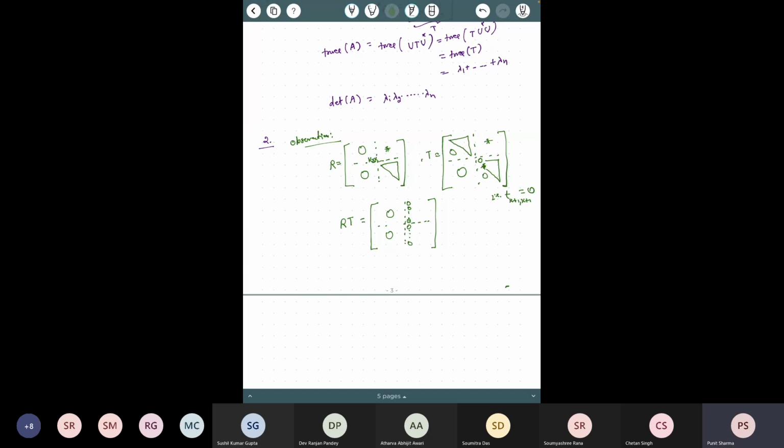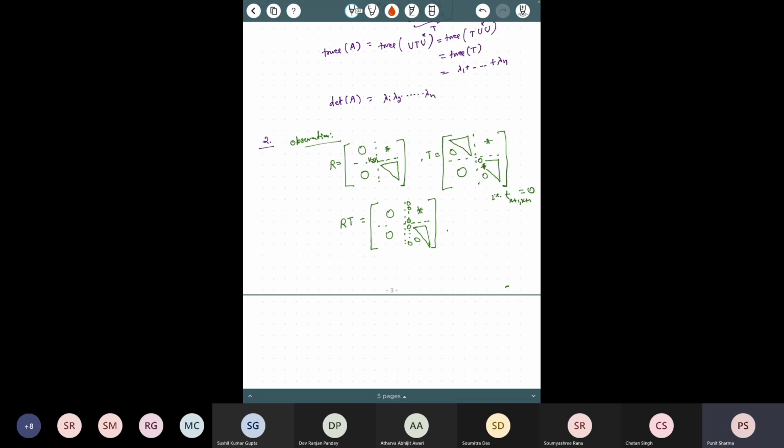Although we don't know what matrix it is, if it is 0 at this position, then we can ensure that if we multiply R and T, the multiplication will give us a 0 column at the k plus 1th position. For the other entries we don't know, so some entries are star, but this matrix again would be upper triangular. This observation is important for us in order to prove the Cayley-Hamilton theorem.